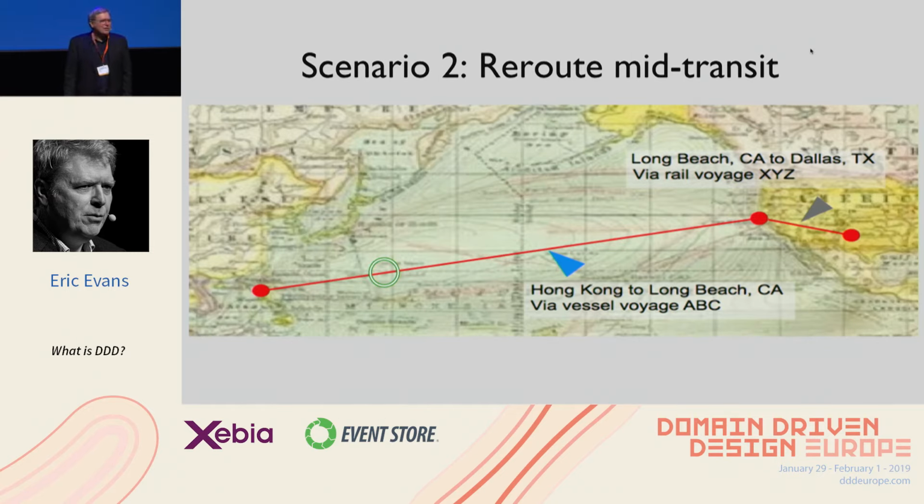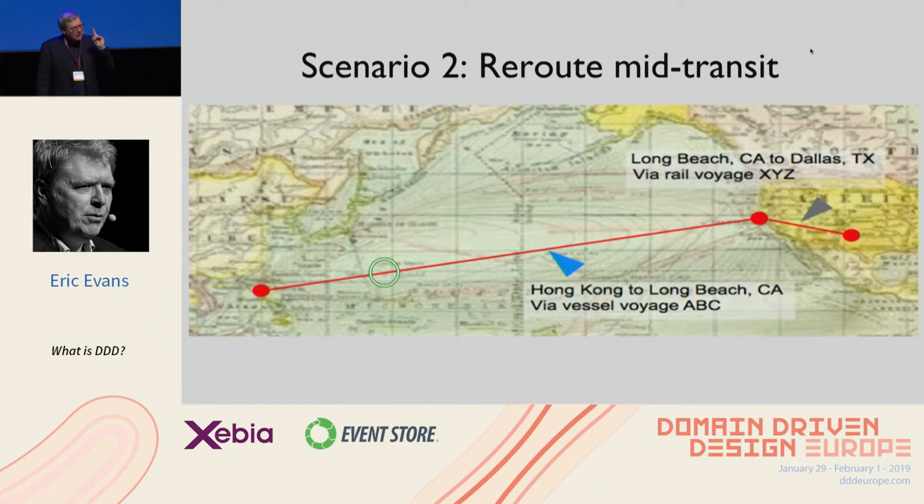So let me give you another scenario, another thing we have to solve, and I think we can use the same model for both of these. Sometimes a customer will call up and say something like, I want to send my cargo to Dallas. Then a little bit later, they will say, oh, I want to send my cargo to Seattle, not to Dallas.